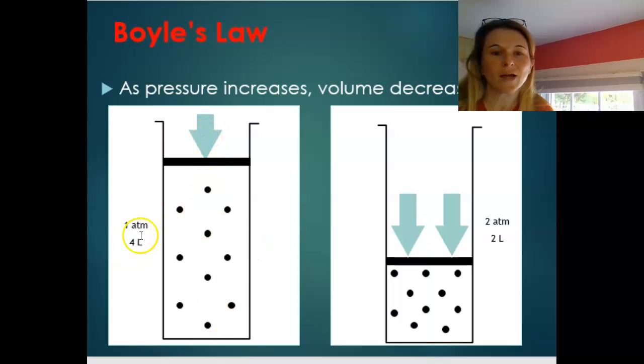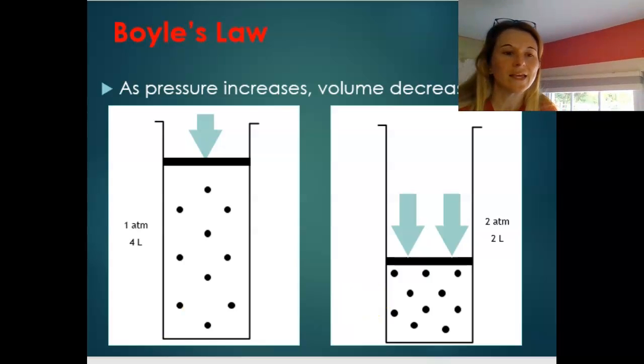Here we have it with 1 atmosphere pressure and 4 liters of volume. As we increase the pressure to 2 atmospheres, so from 1 to 2, we've doubled the pressure, we are going to halve the volume. So now it is 2 liters of volume. And so we can see as we increase pressure, we decrease volume.